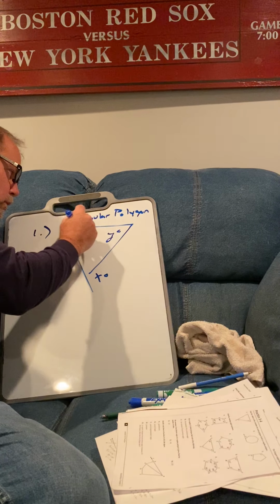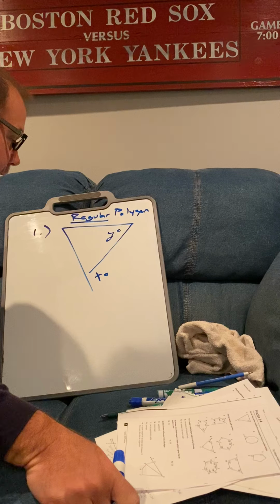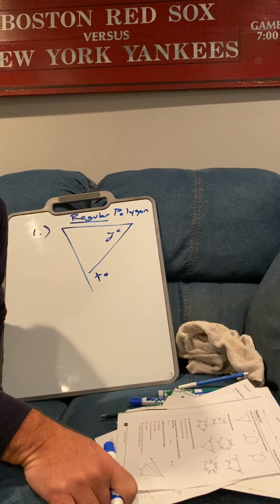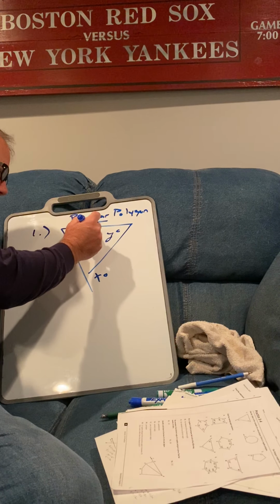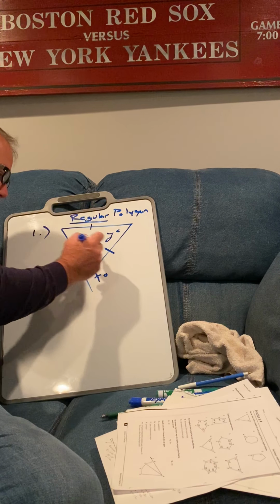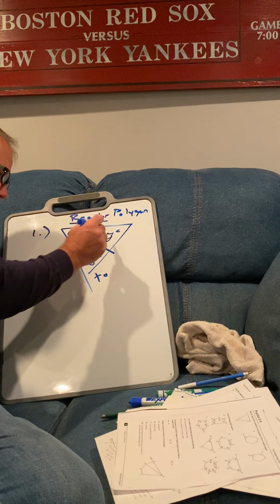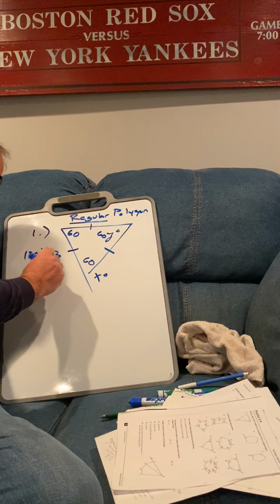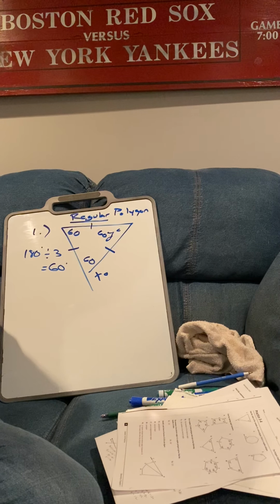When you see that word regular, that means that any figure we're talking about, all the sides and all the angles are equal. So really what they're saying here is that this is an equilateral and equiangular triangle. We know a triangle has 180 degrees, and if we divide by 3, each angle is 60 degrees.